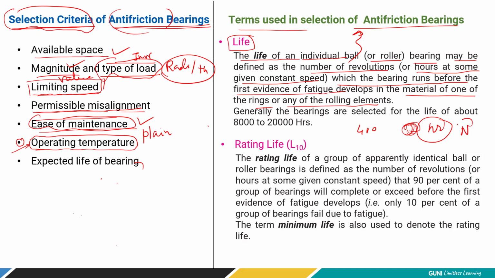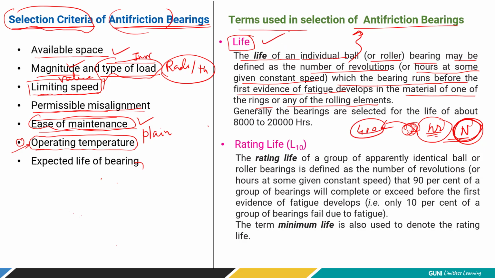This is important because life is associated with the running speed and load applied on the bearings, right? So at fixed constant load and rotating RPM, how many hours it can cover before any sign of fracture, right? That number of revolutions or hours is termed as life.